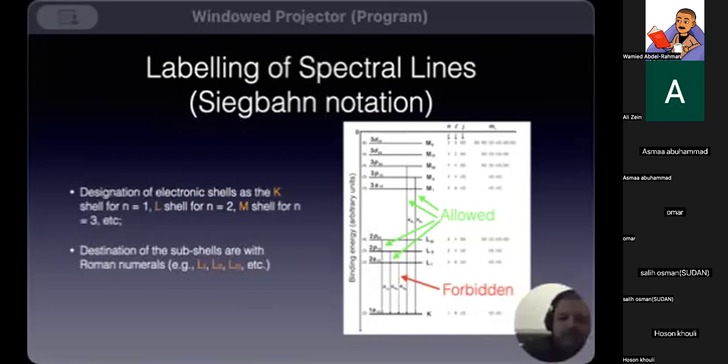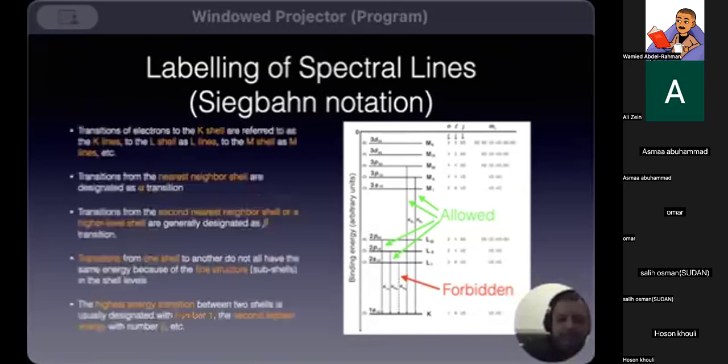And then for the subshells, Roman numerals are used. This is why we have L1, L2, L3, but written using Roman numerals. Transitions of electrons to the K shell are referred to as K lines.